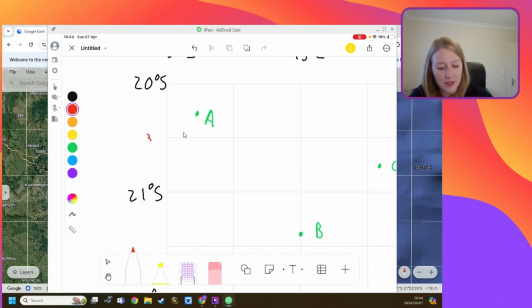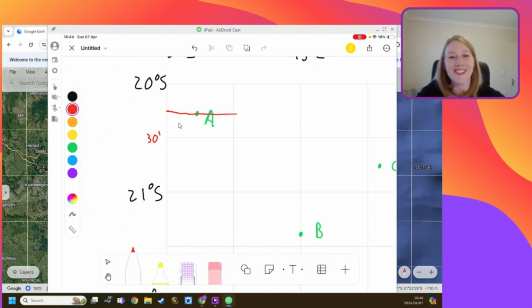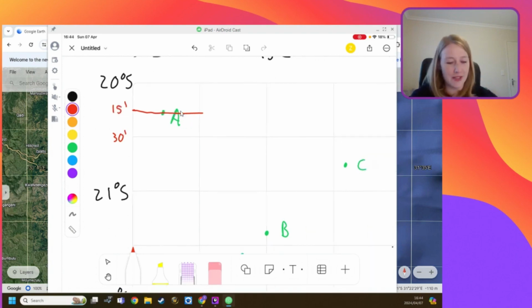Means that this is 30 minutes. But I'm going to halve that again. The halfway line conveniently going through the point. Let's call that a happy accident. Okay, and half of that, so a quarter of a degree, 15 minutes. Yay! There we have it, 15 minutes.